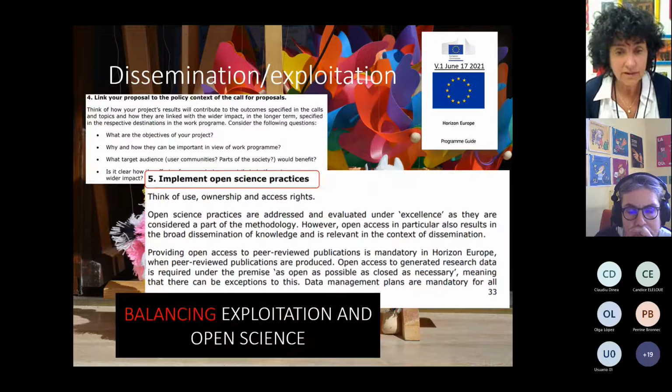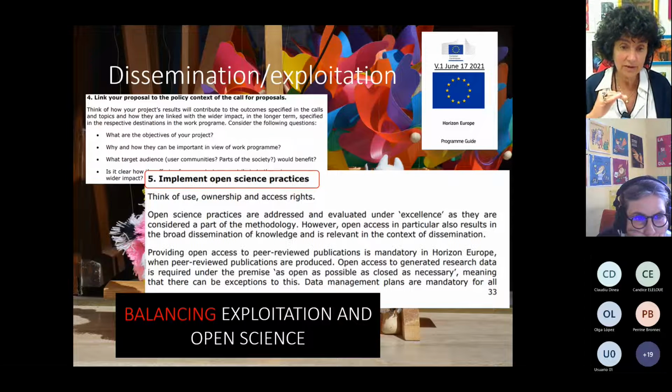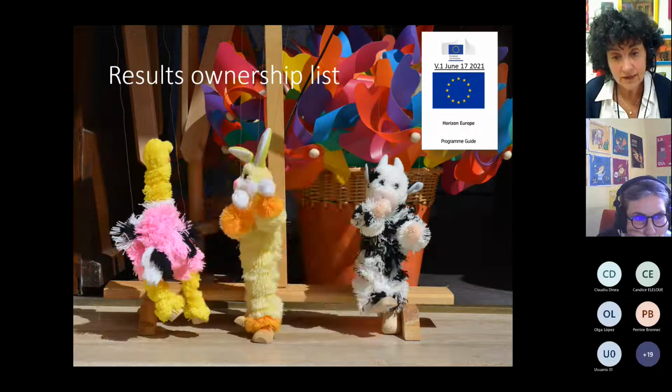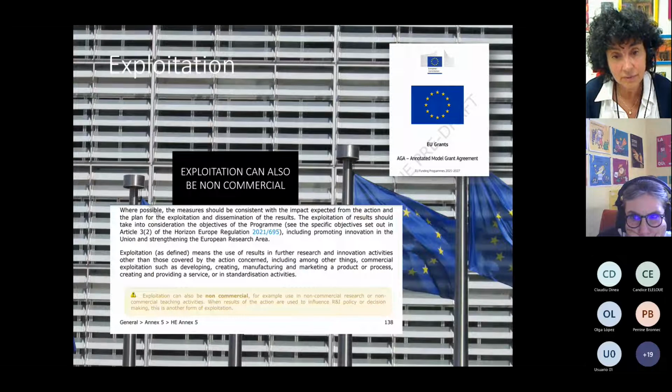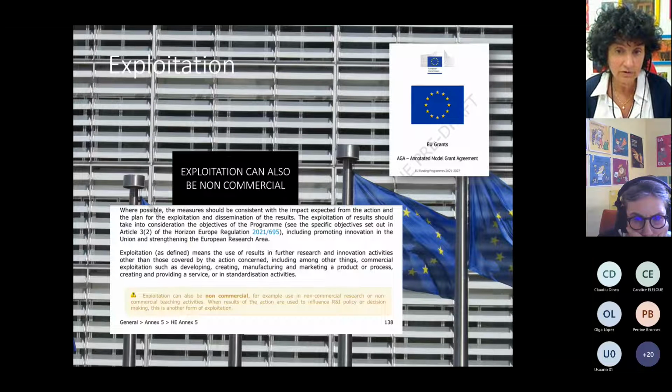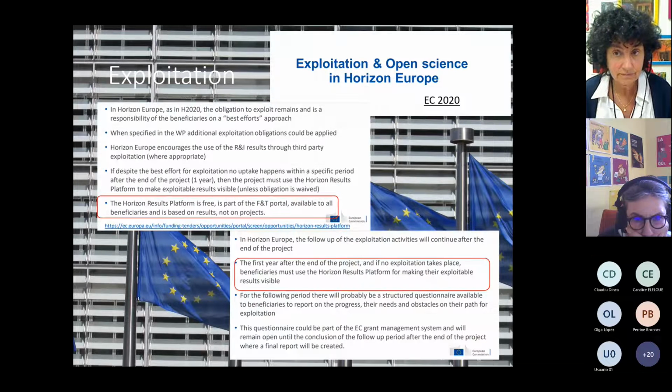But here you have all the inputs on how to balance exploitation and open science, bearing in mind that exploitation can also be non-commercial. This is the annotated model grant agreement. Exploitation can also be non-commercial.